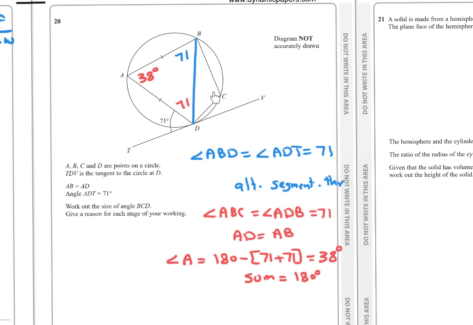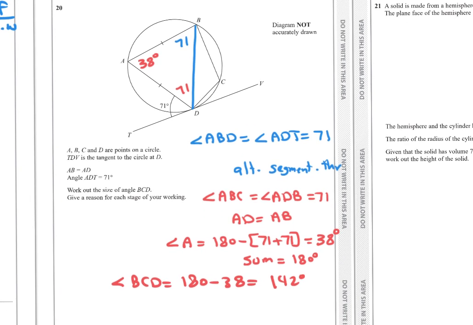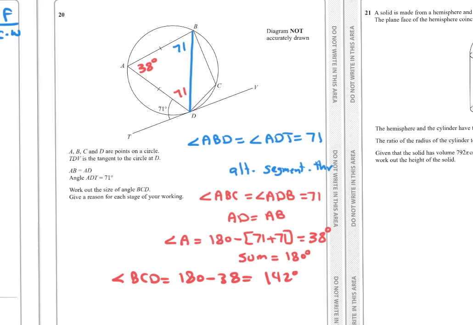Now angle BCD equals 180 minus 38, because of opposite angles in a cyclic quad. So angle BCD equals 180 minus 38 equals 142, because A, B, C, D is a cyclic quad.